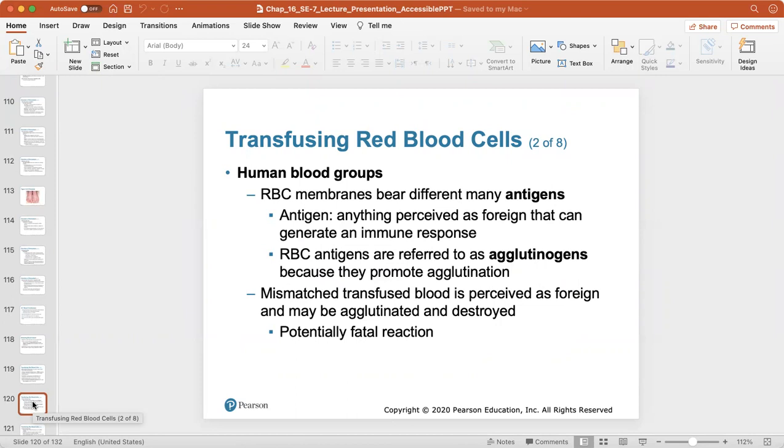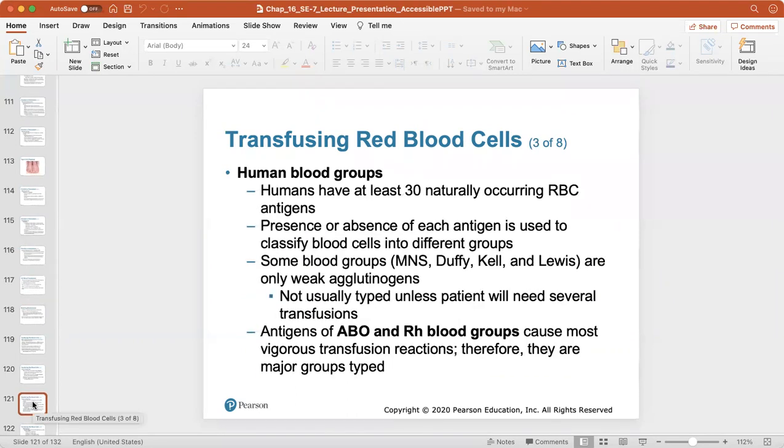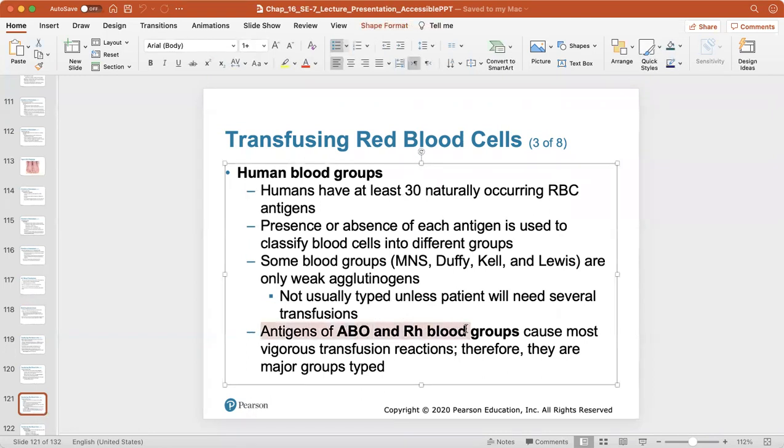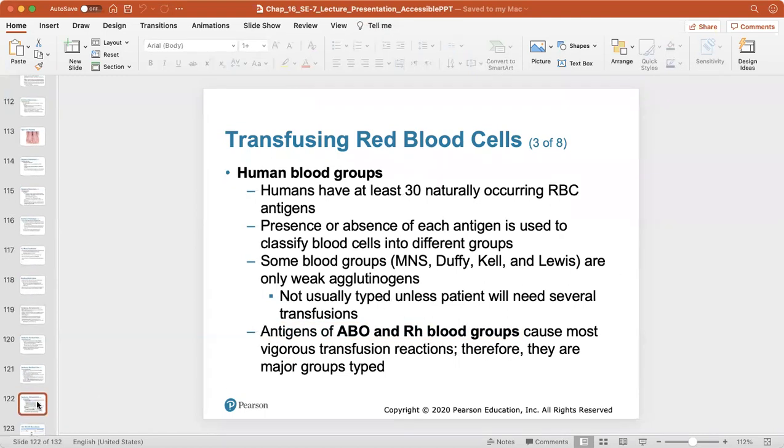A mismatched transfused blood is perceived as foreign and may be agglutinated and destroyed, and this can be a potentially fatal reaction. Humans have at least 30 naturally occurring red blood cell antigens, but the main ones that we will talk about are the antigens of the ABO and Rh blood groups. They cause the most vigorous transfusion reactions if mismatched, and therefore they are the major groups typed.